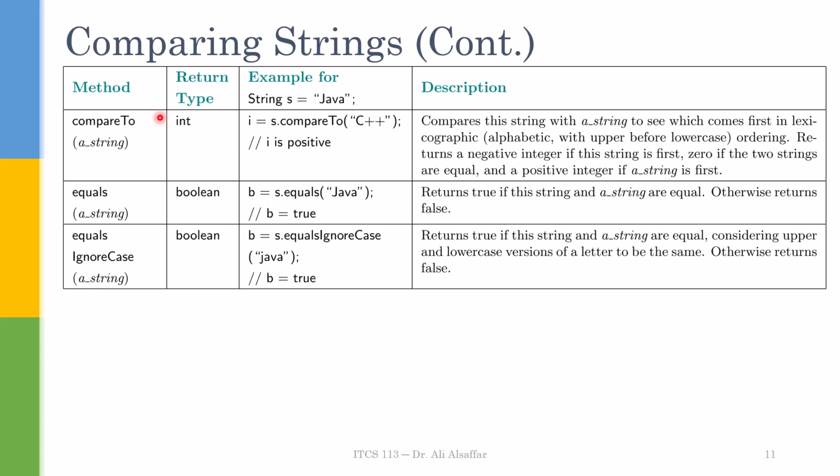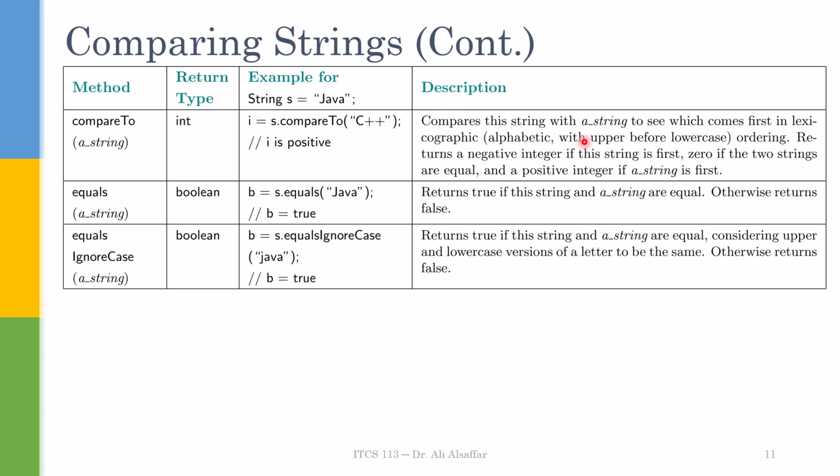What do they return? Compare to returns an integer. However, equals and equals ignore case return Boolean. Boolean means either true or false: either two strings are equal or they are not equal. Let us see how we can use equals ignore case, and then we will show you how to use compare to when we go to JGrasp.